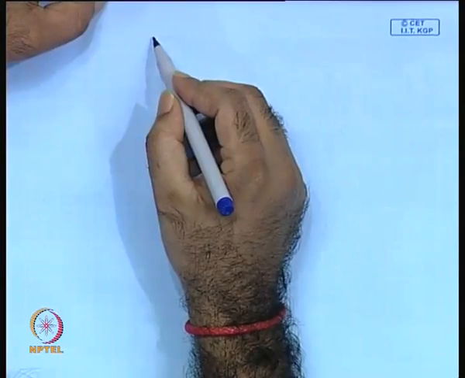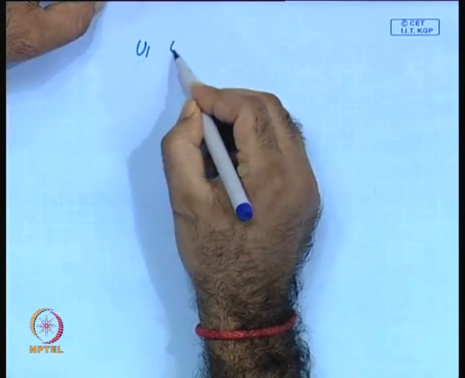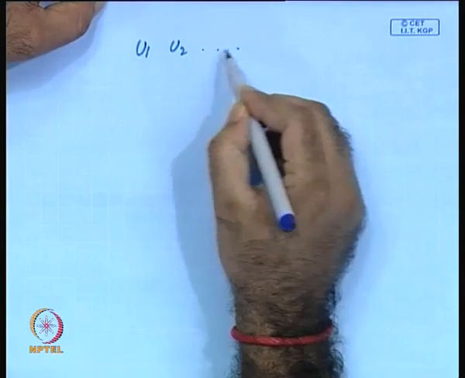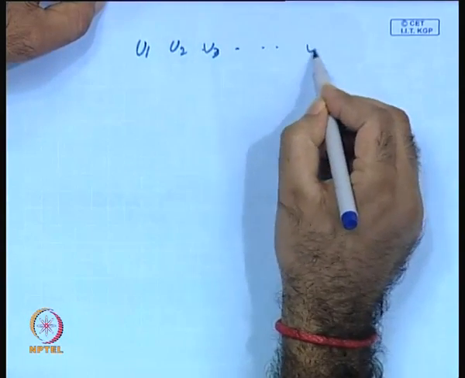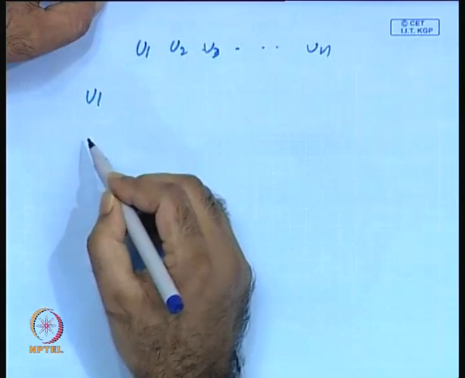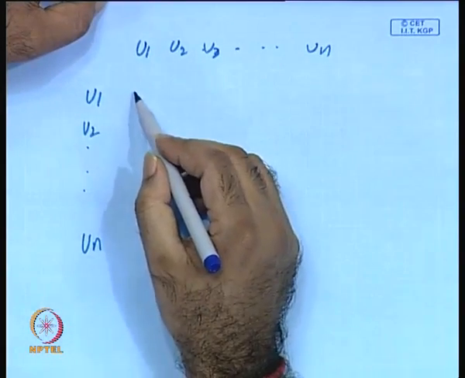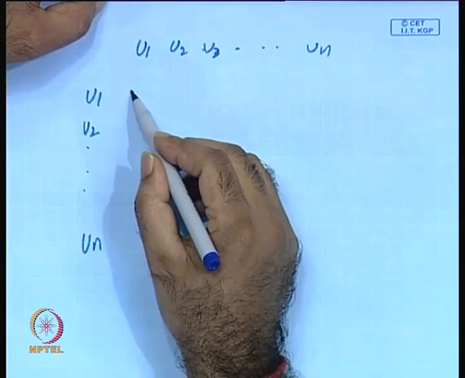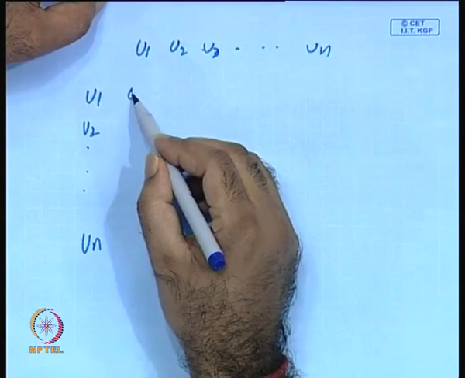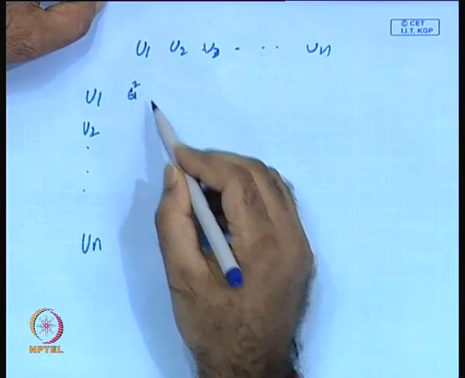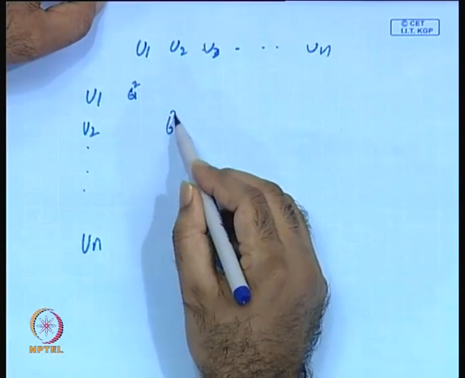So the transformation matrix is like this. u1 u2, u3, it will continue like un, then this side you will continue u1 u2 up to un, okay. So now this is sigma square, means u1 square. So we will call it sigma square 1. Okay, this side we will call it sigma square 2.